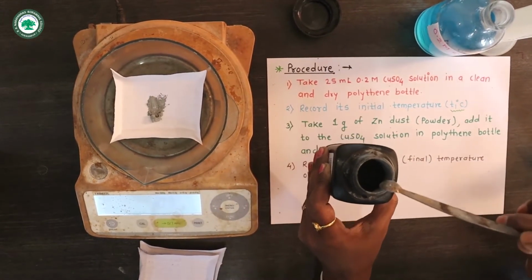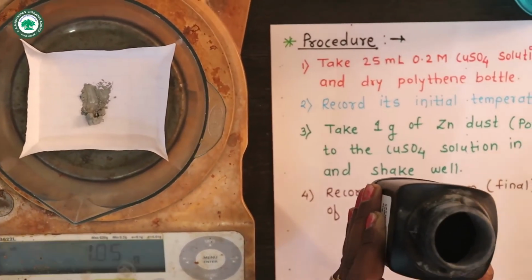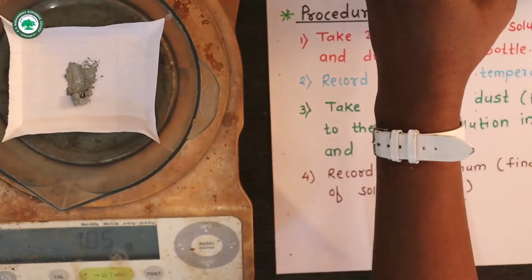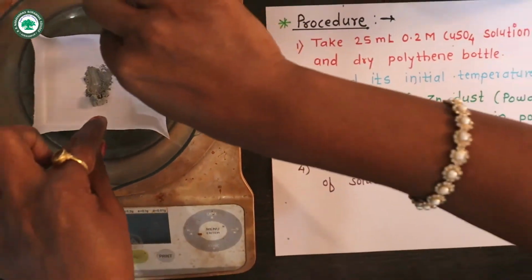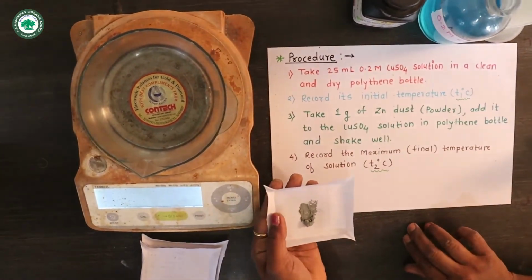Yes, that is exactly 1 gram now. A 0.02 difference can be considered here. Now this is 1 gram of zinc dust.